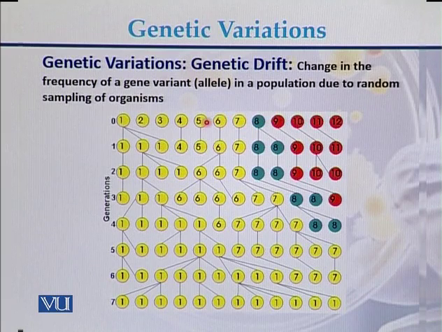So there were 3 different alleles in generation 1, but by generation 4 the allele marked with red disappeared. And by generation 5, the allele marked with gray also disappeared. So one of the reasons for genetic variations is genetic drift.